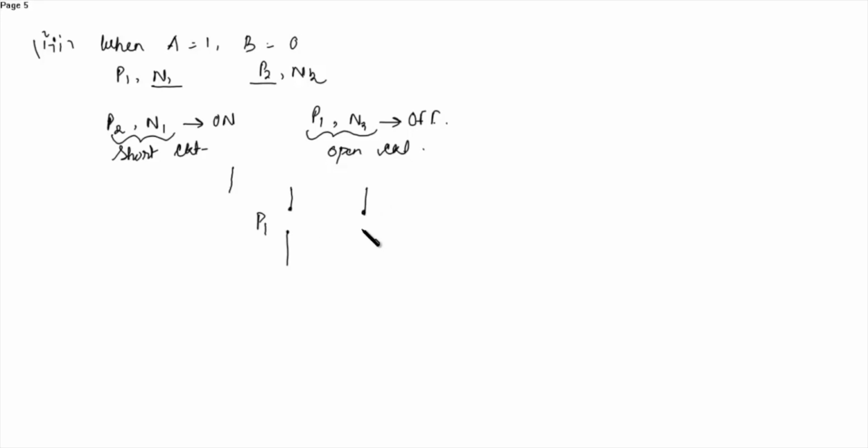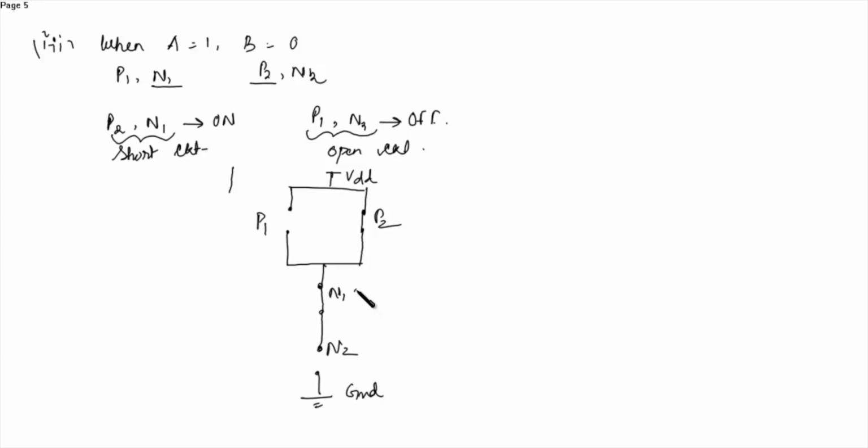P2 is on, so it is represented as short circuit. This is P2. This is connected to VDD. Now here N1 is on, so it is short circuited. And N2 is off, so open circuit. This is ground. This is N1 and N2.